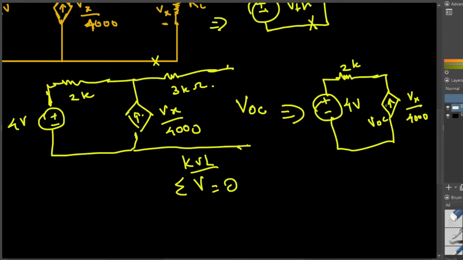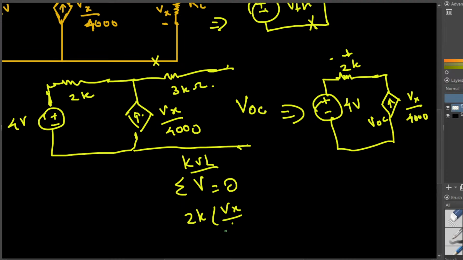So if the current flows in this direction, then this is going to be plus minus right here, and then this 2K ohm resistance. If I apply Ohm's law, V is equal to I times R, and I is Vx over 4000. Vx over 4000 multiplied by 2K resistance, that's going to give us the voltage.